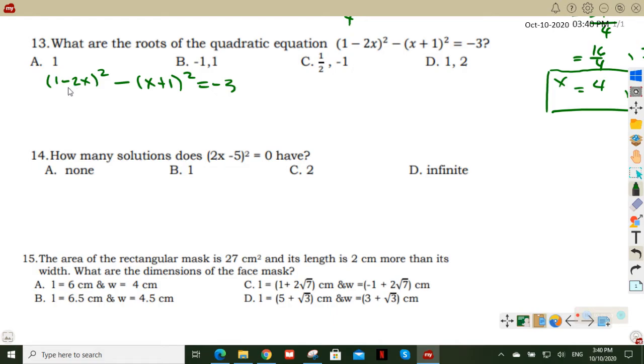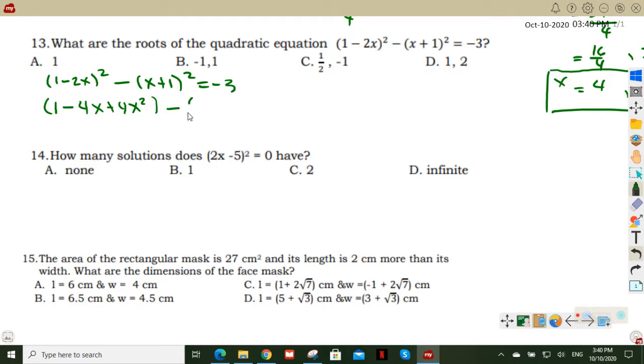So when you square this, that would give you 1, negative 2. Again, I'm just using the shortcut method. Negative 2 times 1 is negative 2, times 2 is 4x. Then negative 2 times negative 2 is plus 4x squared. You can actually multiply this using FOIL or Parrot's Beak.